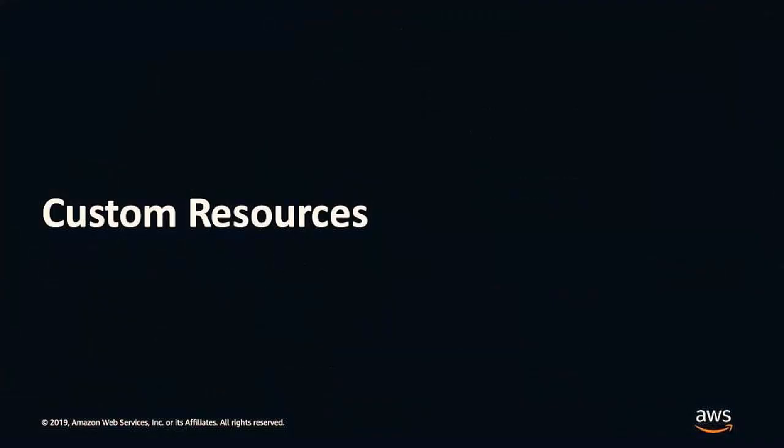Let's look at something slightly more complicated, custom resources. With CloudFormation, sometimes you have a bit of a chicken and egg situation where you're creating maybe two pieces of infrastructure, but one of the pieces of infrastructure needs to have a reference to the other piece of infrastructure. And so you need to make sure that one of the pieces is created and then you can reference back to it.